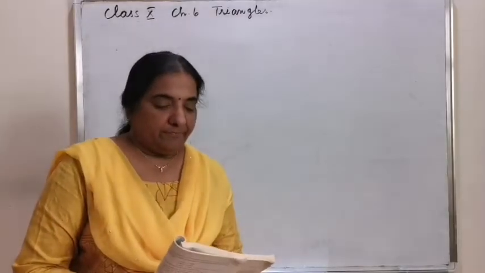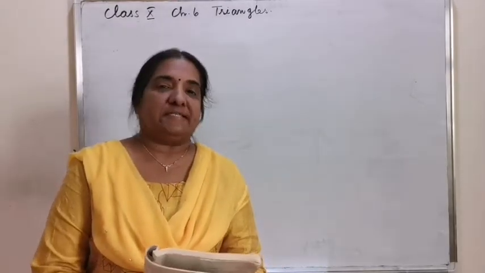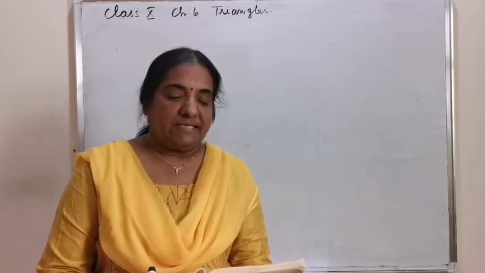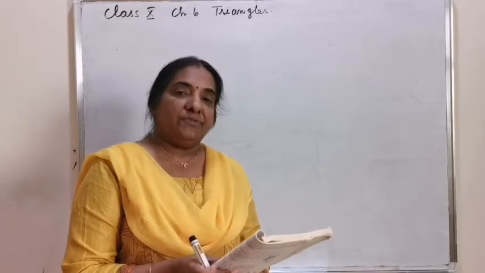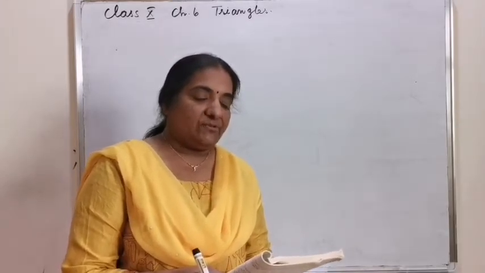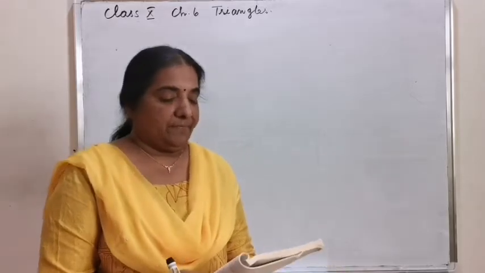Question number 5. D, E, F are respectively the midpoints of the sides AB, BC and CA of triangle ABC. Find the ratio of areas of triangle DEF and triangle ABC.